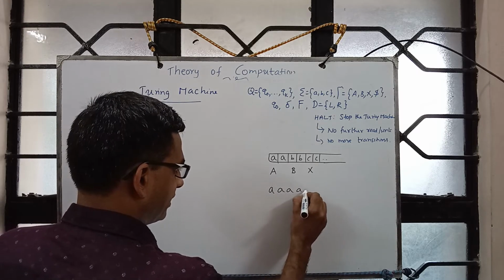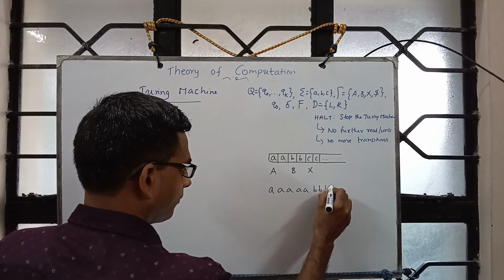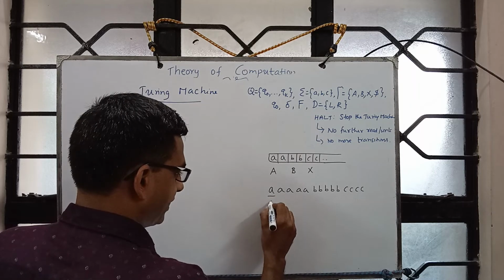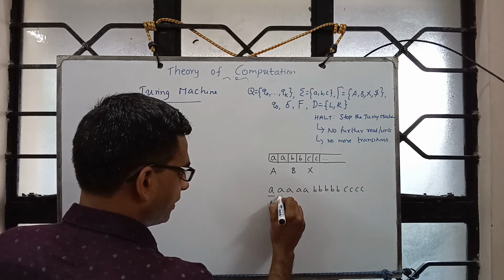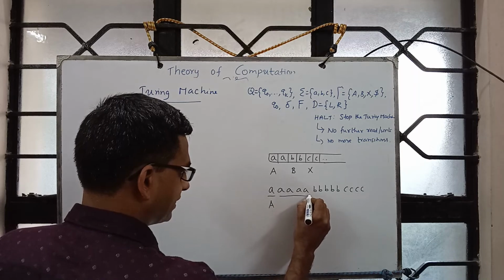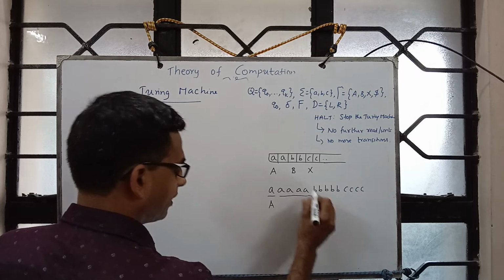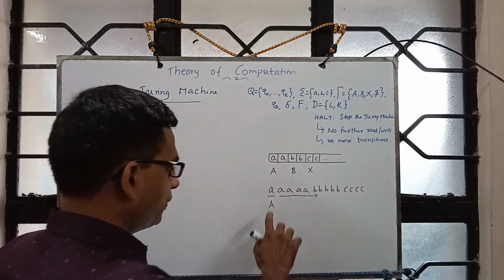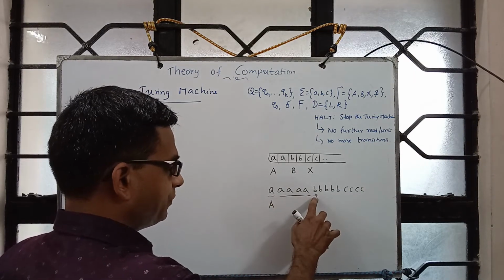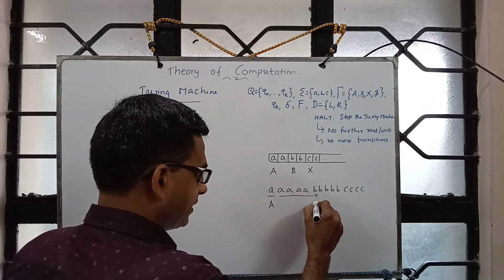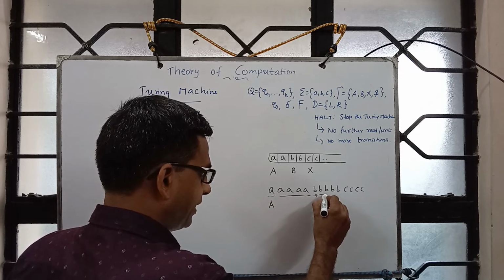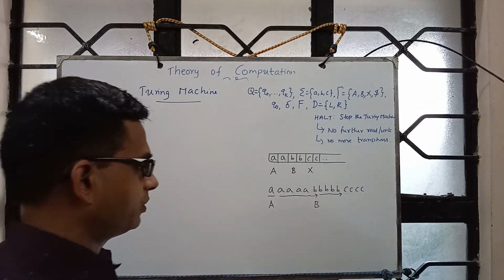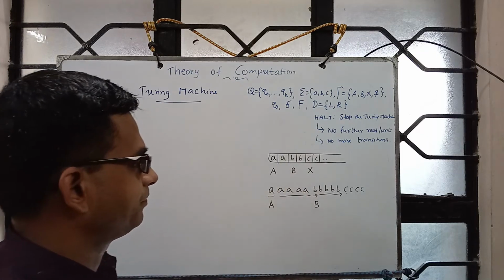Supposing the input is like this, after reading this, you replace this by capital A. Then one has to linearly scan one cell at a time until we encounter little b. There is no jump from this to this b. Similarly, after replacing this by capital B, one has to linearly scan one cell at a time until we hit this c. There is no jump from this to this.